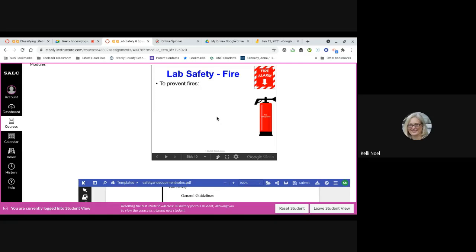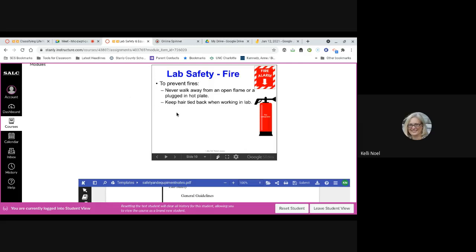Lab safety where it comes to fires. To prevent fires, you don't walk away from an open flame or a plugged in hot plate. So we don't have gas here, so we don't have open flames, but we do have one hot plate. And you don't go away and leave it plugged in. If we were going to leave the room, we would at least unplug it. That's just a preventative.